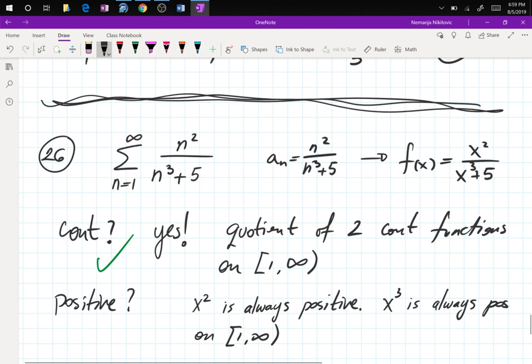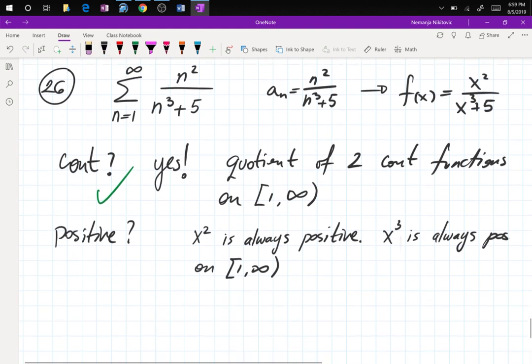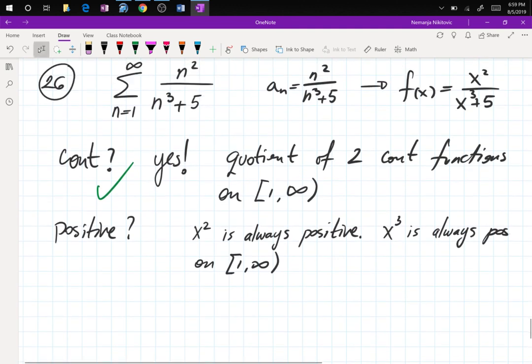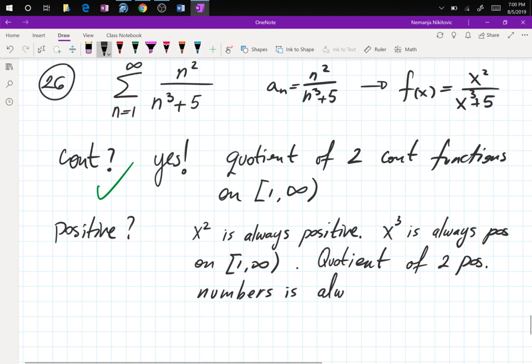So when you cube a positive number and you have positive input all the time, all of the values are positive. So now you say quotient of two positive numbers is always positive. And that's us checking off positive.